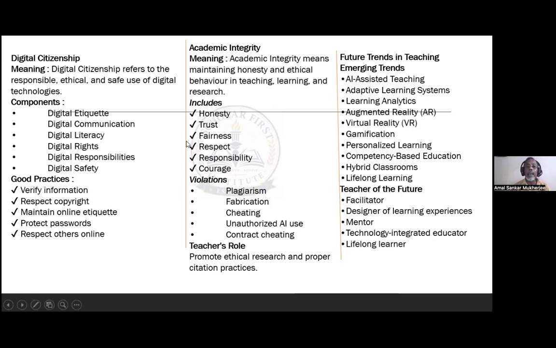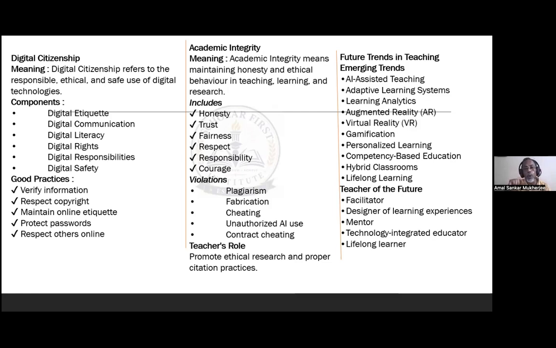Where is academic integrity violated, or where is there a chance of violation? Plagiarism, fabrication, cheating, unauthorized AI use, contract cheating. In all these situations, academic integrity may be violated, so they should always be avoided.